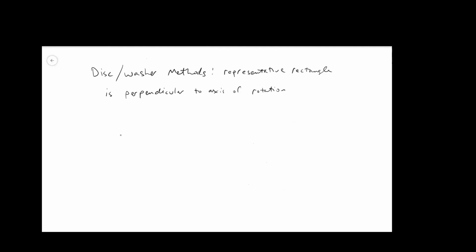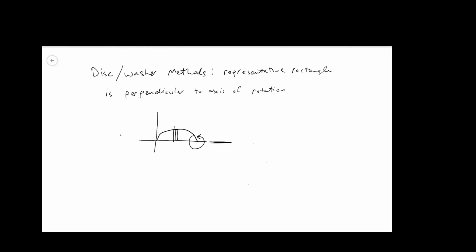In other words, suppose you had something like this, and you're revolving it around the x-axis, right? See how the axis of rotation is horizontal? There's the horizontal axis of rotation. And then look at the representative rectangle. It's vertical, right? So axis of rotation horizontal, rectangle vertical. That's for the disk and washer method. It's always going to happen with that perpendicular: axis one way, rectangle the other.